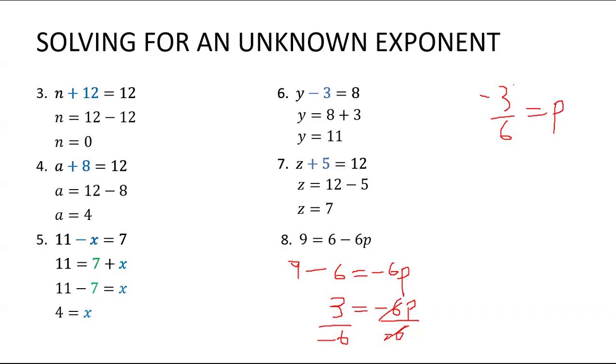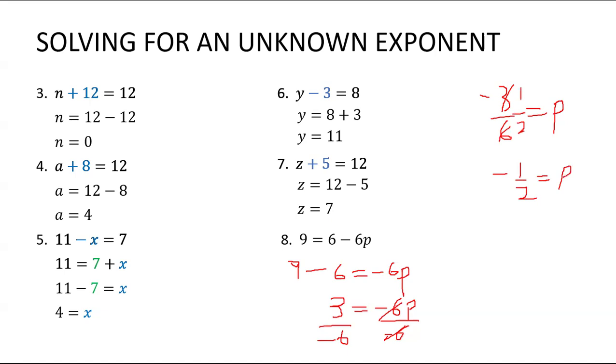So you'll say 3 goes into 3 once and 3 goes into 6 twice. So this is the equivalent fraction of 3 over 6. When you simplify it, it'll just be negative 1 divided by 2 is equal to p.